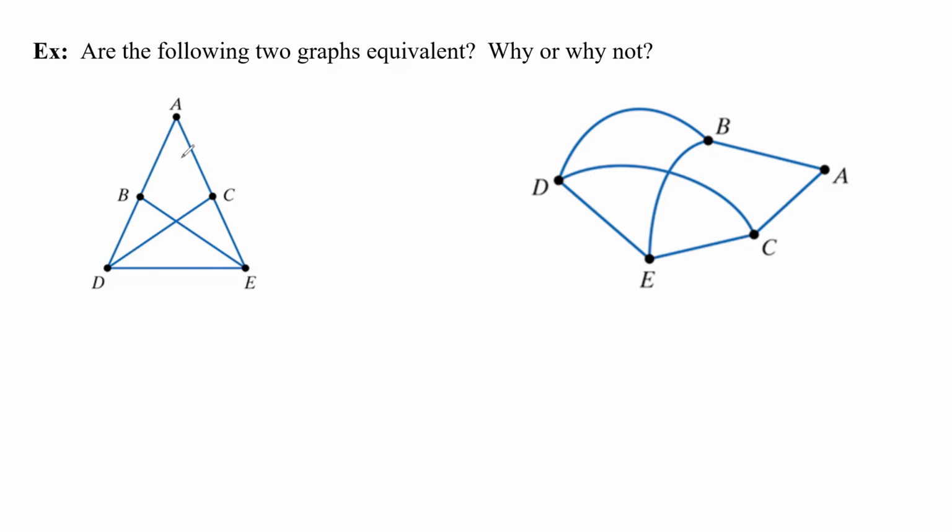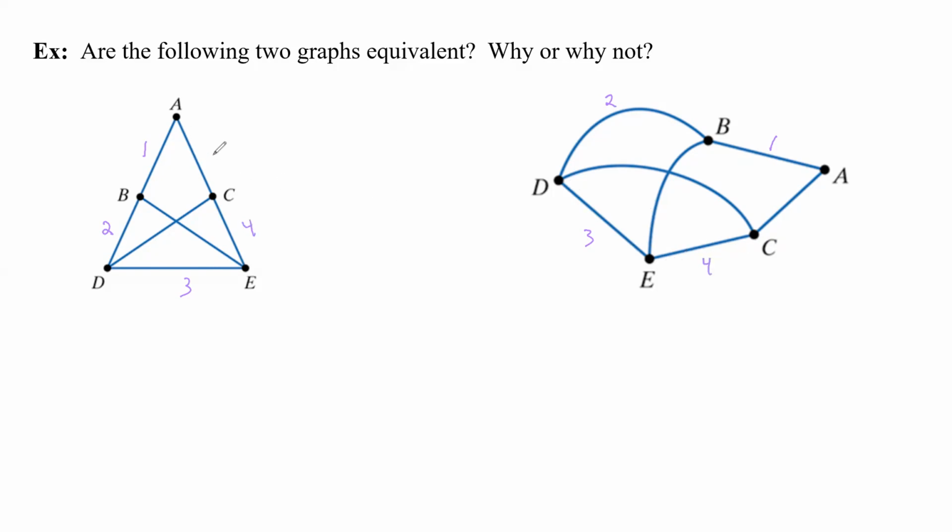Now we have to think about how they're connected. A is connected to B, so that's one, in both graphs. B is connected to D, so that's two. D is connected to E, that's three. And E is connected to C, so that's four.